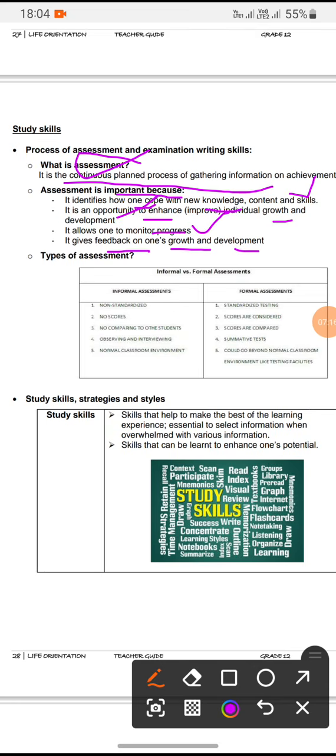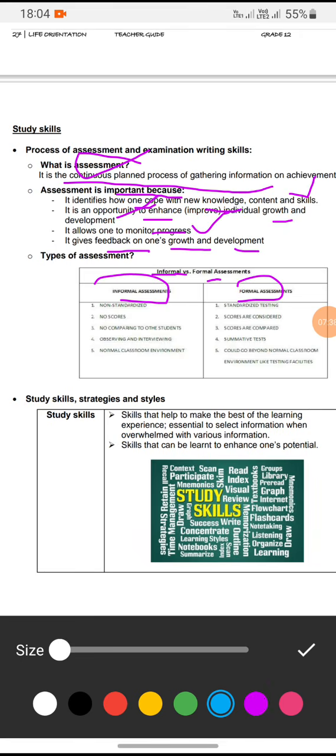So we have types of assessments, which are formal and informal. Something that is informal means that it is not that important, while something that is formal is important. These ones are not that important. You must just know them for knowledge's sake.